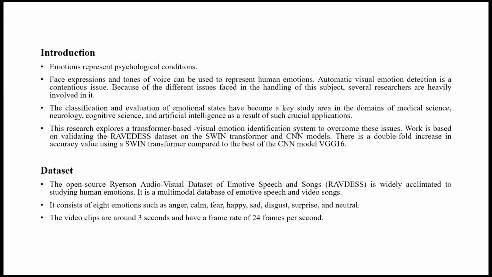This work is based on validating the RAVDESS data set, and we performed the simulations with the help of different CNN models and Swin Transformer. This shows a two-fold increase in accuracy when we simulate it on a Swin Transformer as compared to the best model from the CNN transfer learning.